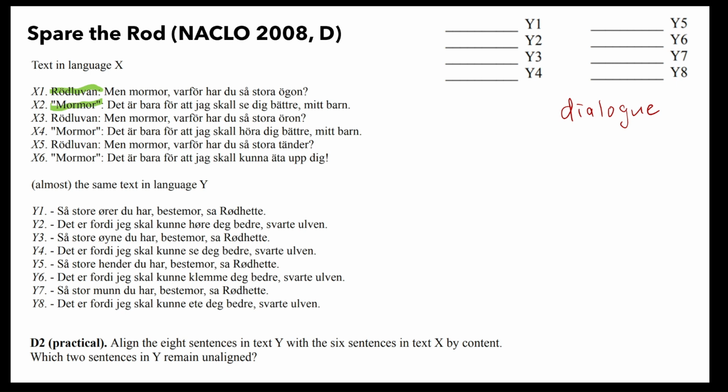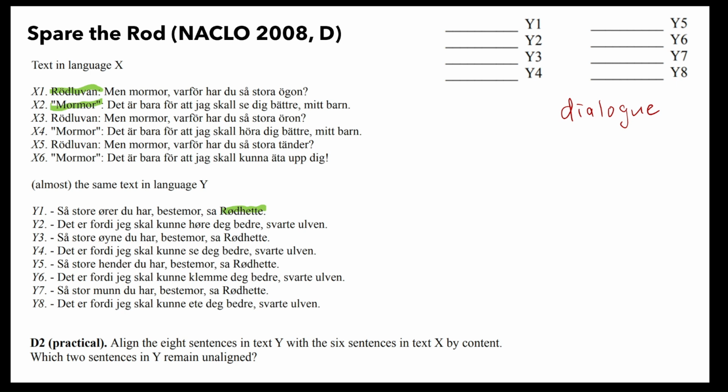Okay? Let's jump to language Y and see if we can figure out the structure, because you notice that it's not the same, with a name followed by a colon, name followed by a colon. Instead, it's structured differently. So let's see if we can pinpoint who the characters are in language Y, and what they're saying. So immediately we find Rodette, right?